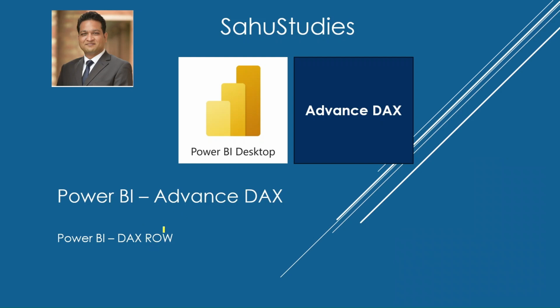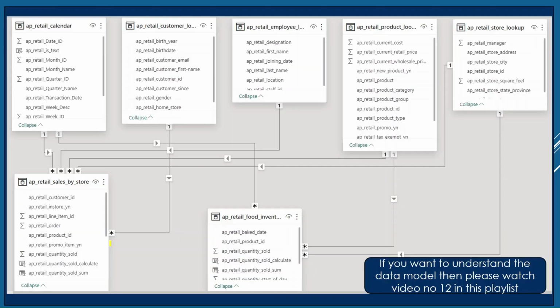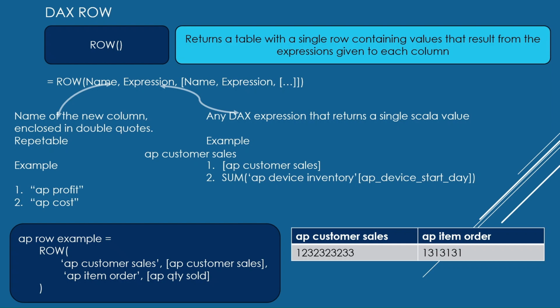In this video, we are going to discuss the ROW function in Power BI. So, what is the ROW function and what does it generally do? The ROW function returns a table with a single row containing values that result from an expression given to each column.